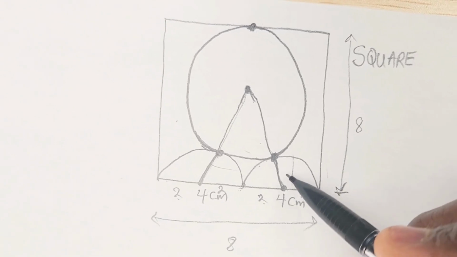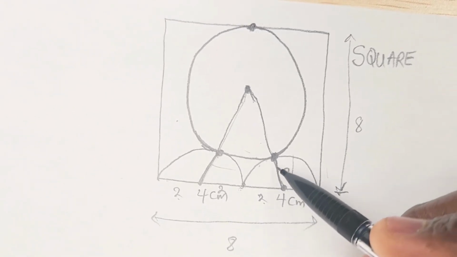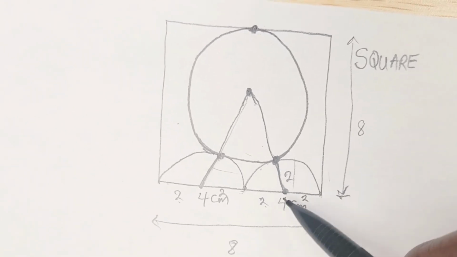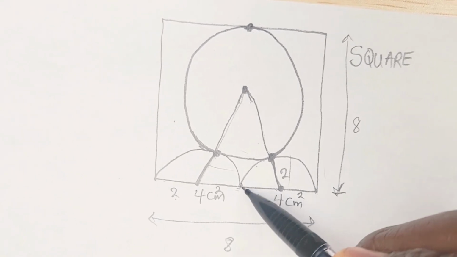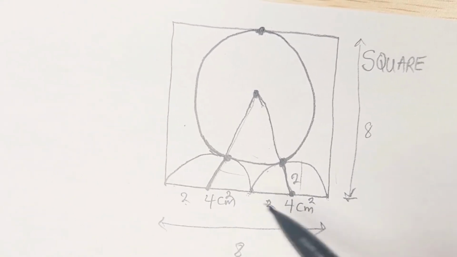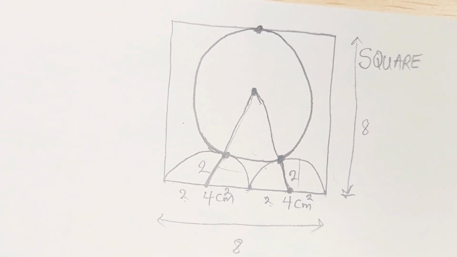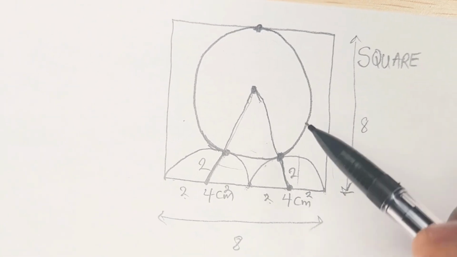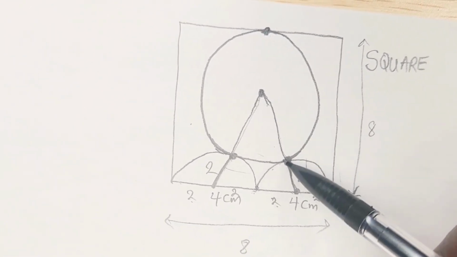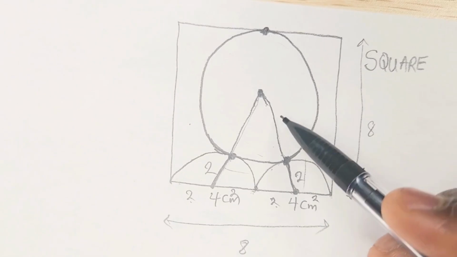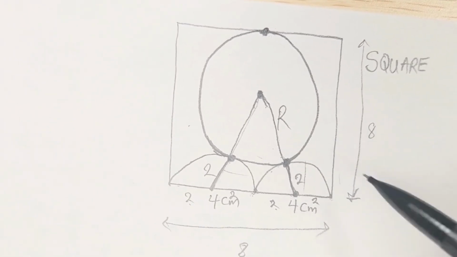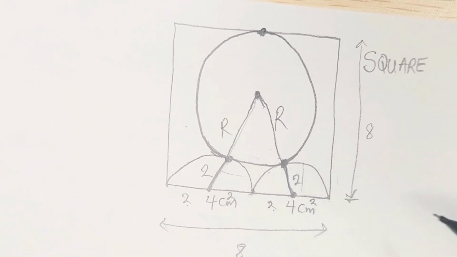Now we know this is 2 because this is the radius of this semicircle, which is also equal to this length. And so this is also 2 centimeters. From here to here, let's call it big R. This is also big R.